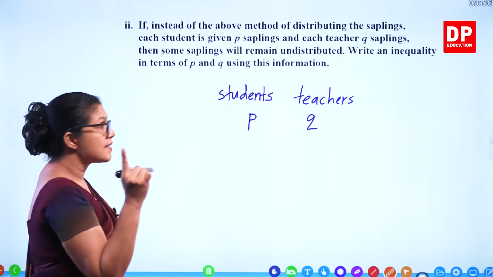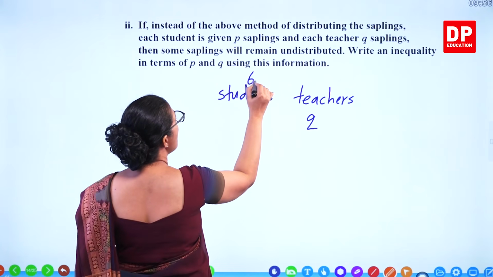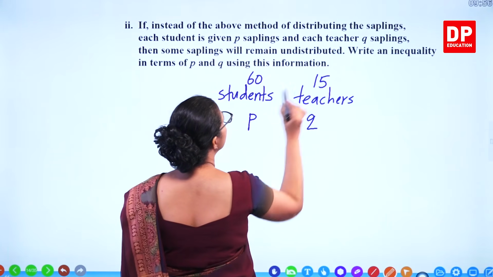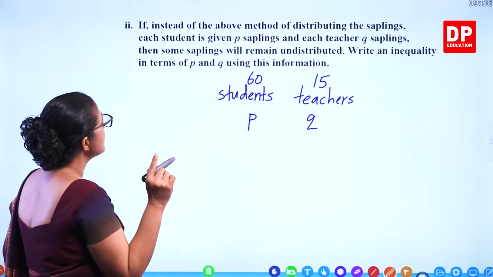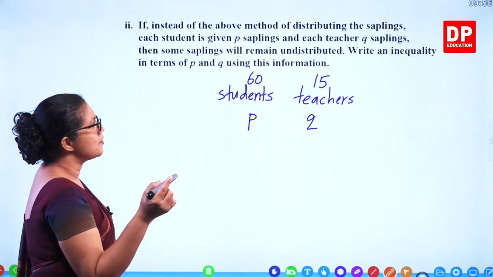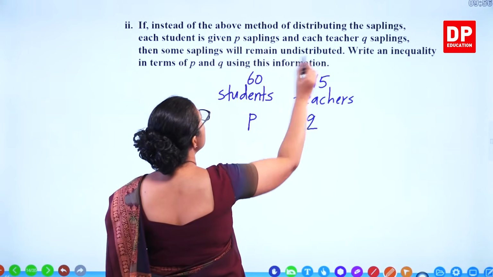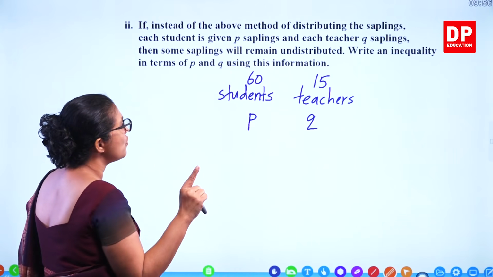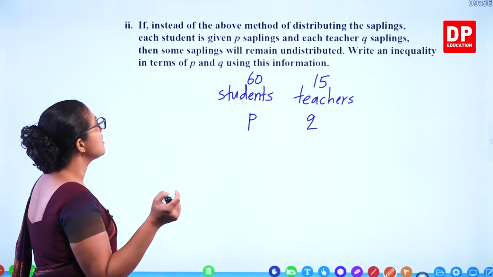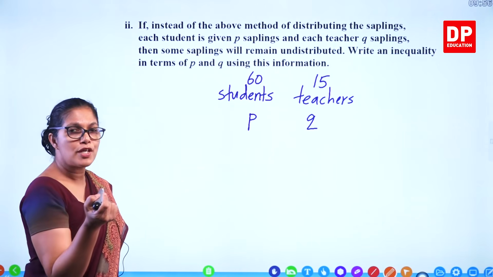And we know 60 students are there, 15 teachers. Some saplings will remain undistributed. So that's an important condition. Remain undistributed, write an inequality in terms of P and Q using this information.